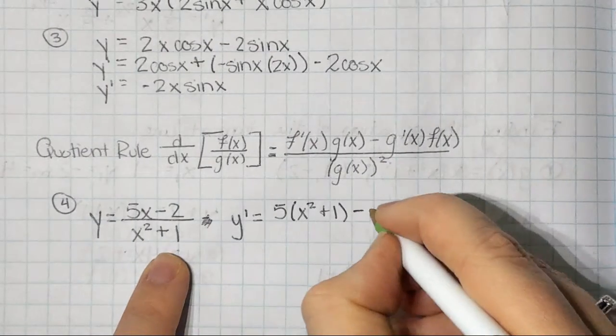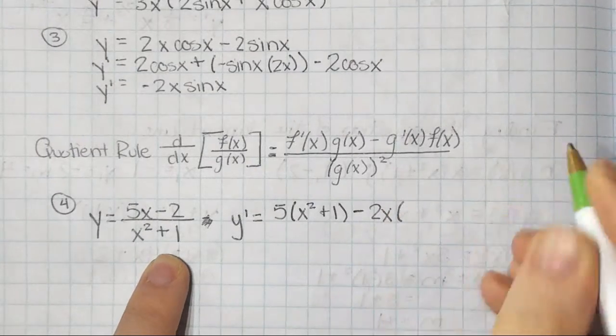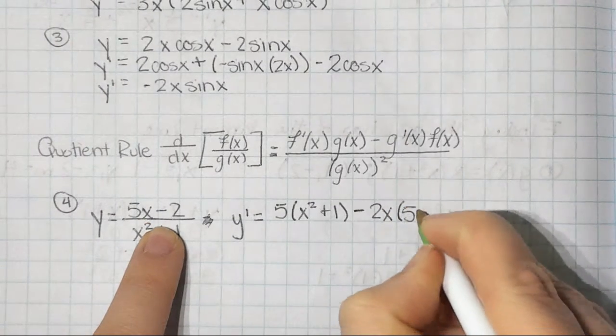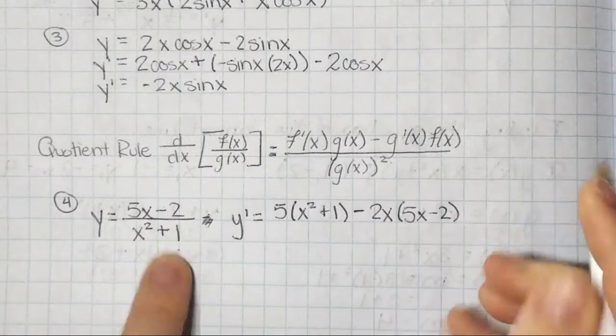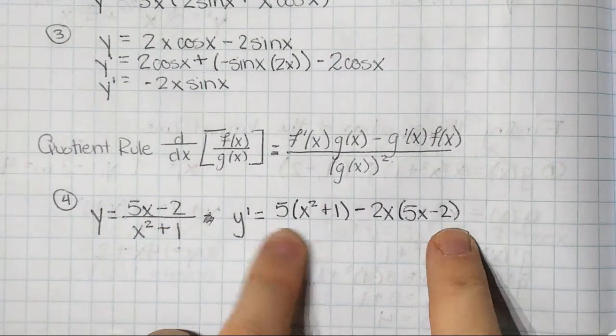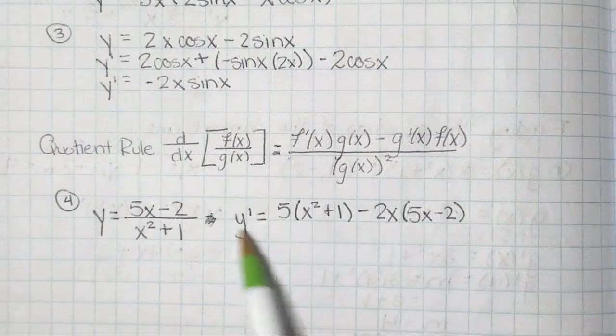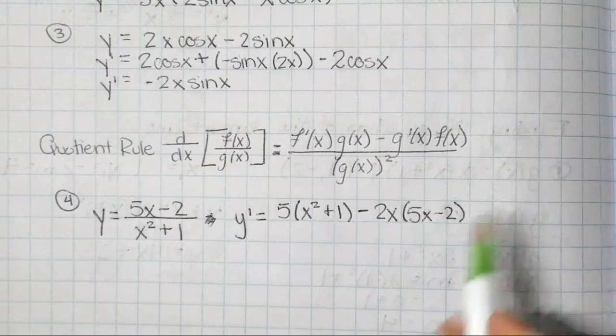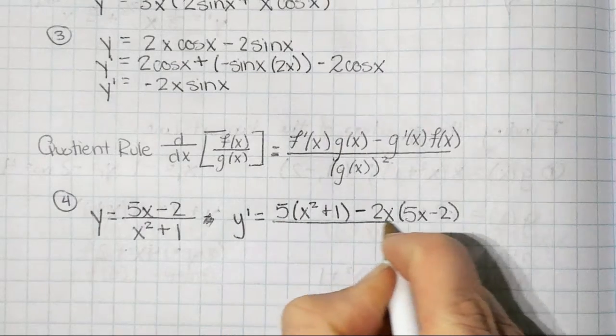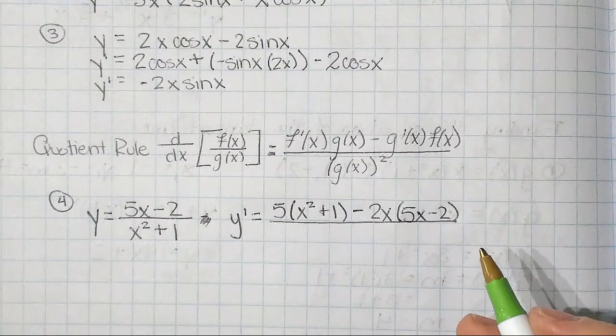So it's 2x times your top, 5x minus 2. Now guys, please, please, please understand, look at my use of parentheses. They're super important in this case because if I ever want to go through and simplify this, okay? So make sure you guys are using those parentheses appropriately. All over, what's your denominator?